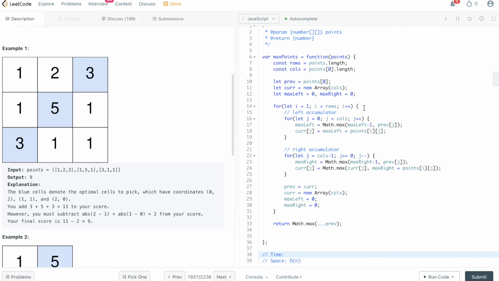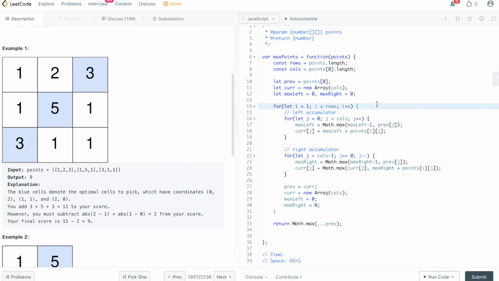Well, we have this for loop, which is going to be going through all of the rows. And then we have these left and right accumulators. Each is going to iterate through the number of columns. So that's n.